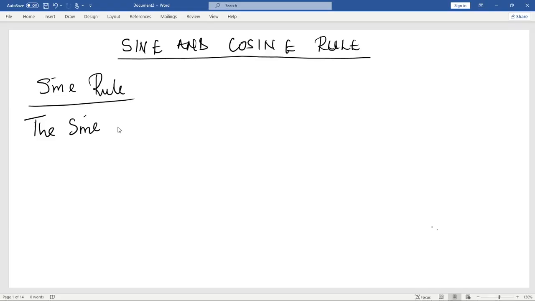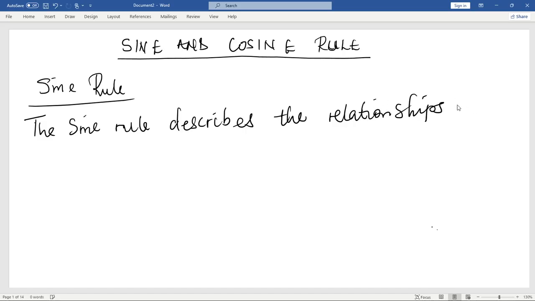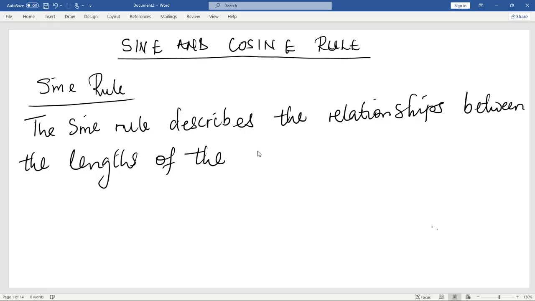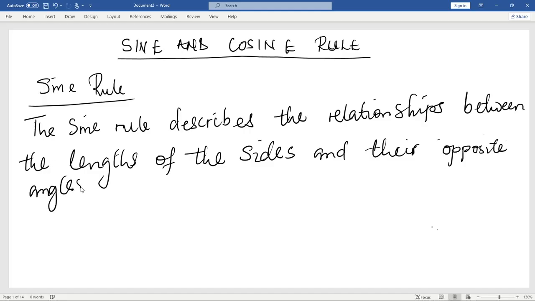So the sine rule describes the relationships between the length of the sides and their opposite angles, like this here.